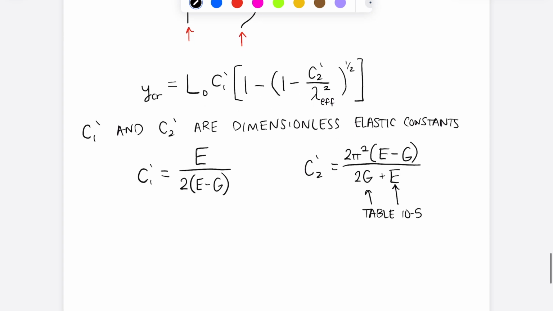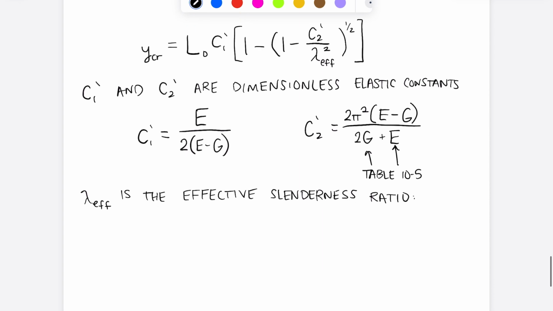And we also have not defined this lambda effective yet. This is the effective slenderness ratio. If you've analyzed buckling of beams using Euler's buckling equation, there's a similar constant or variable that is used in that formulation.